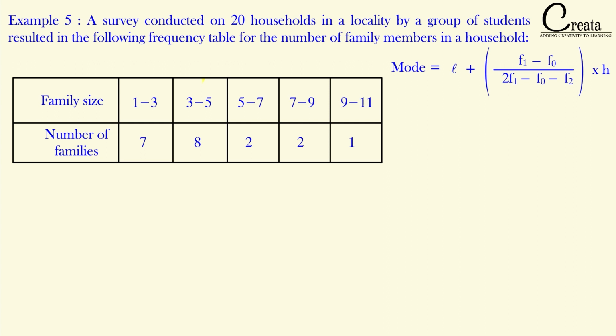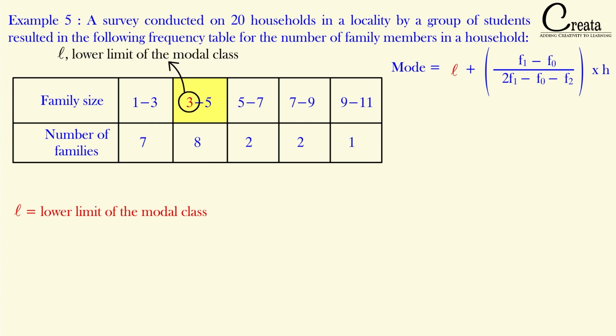So let's find the mode. We will use this formula. Firstly, let's understand this formula. The first component of the formula is L. L is the lower limit of the modal class. Here our modal class is 3 to 5, the lower limit is 3 and the upper limit is 5.